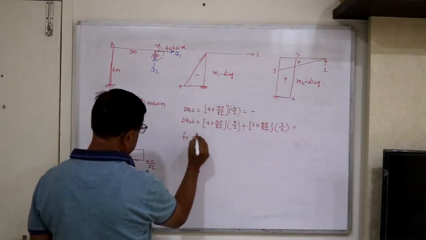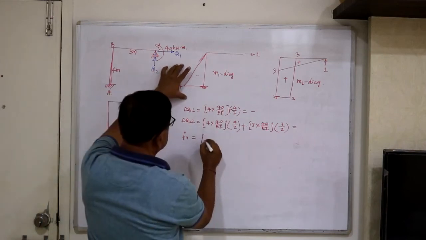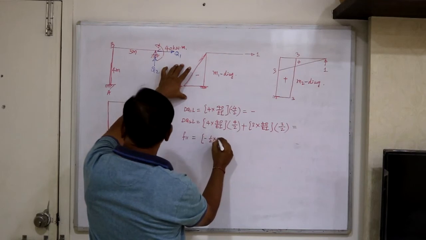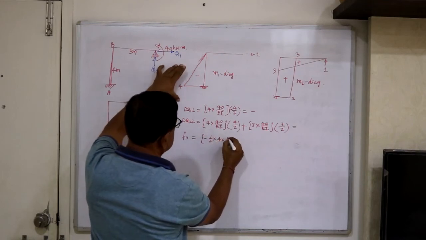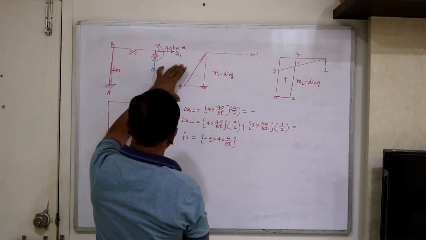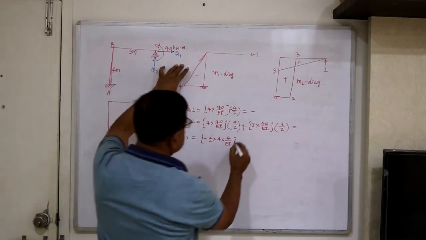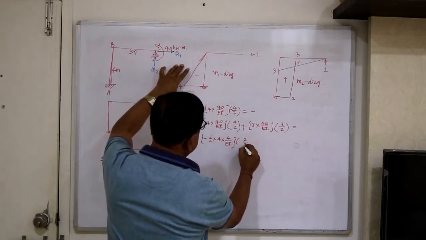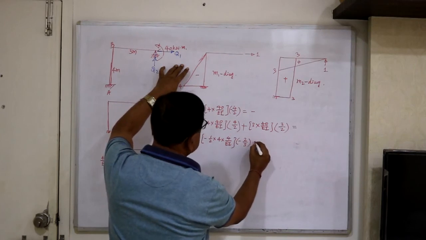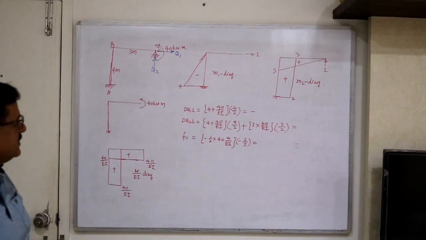Next, F11 equals, only this figure we have to take into account, minus 1/2 base into height, 4 upon EI, times the ordinate at its CG, which is 2/3 of the base, so minus 2/3. So this is plus, CG will be at 2/3.